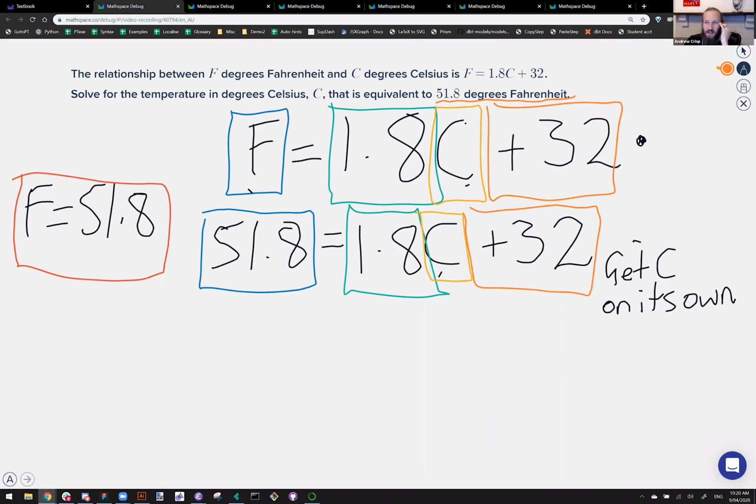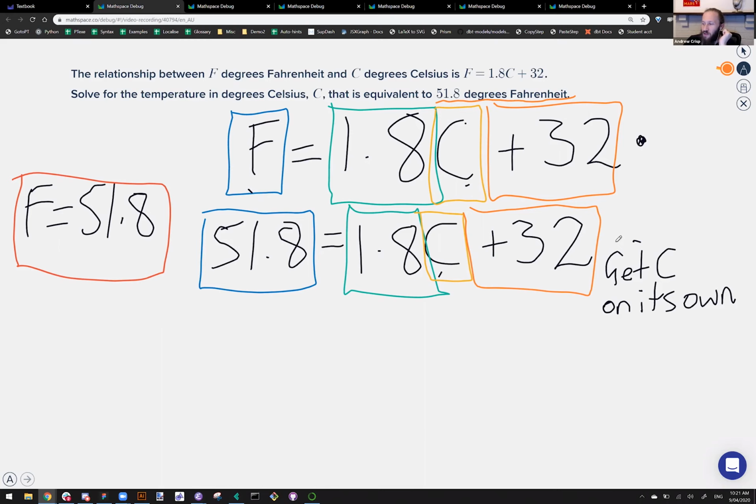Now, in mathematics, plus always happens after any timesing. What that means is that if I was to put something in for C, I'd multiply it by 1.8 before I added the 32. So to unwind this expression, you always start by unwinding any addition before you unwind any multiplication.